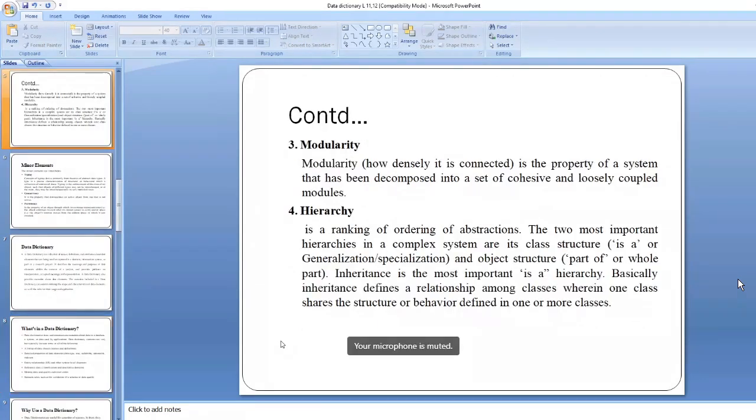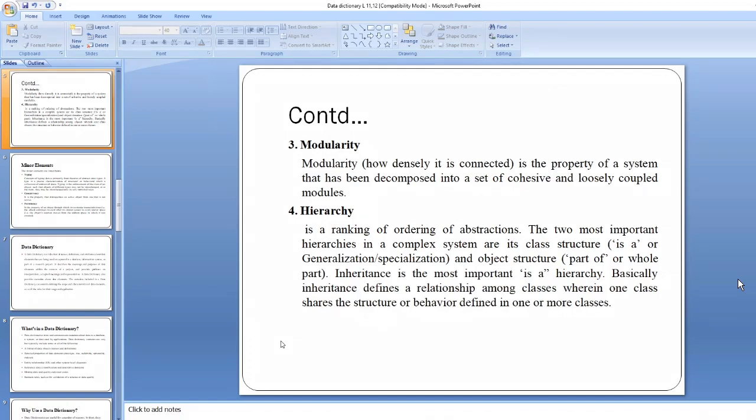Now, modularity is the property of a system that has been decomposed into a set of cohesive or loosely coupled modules. Now, the modularity would tell us in the object model how objects are connected. Means a single object is connected to what processes, operations, objects or classes.